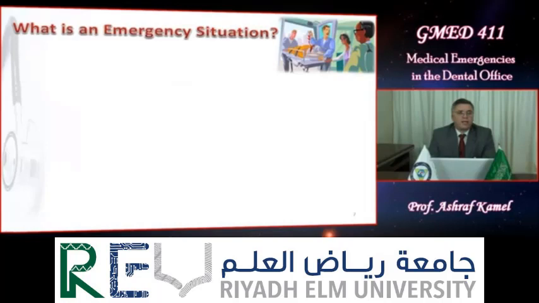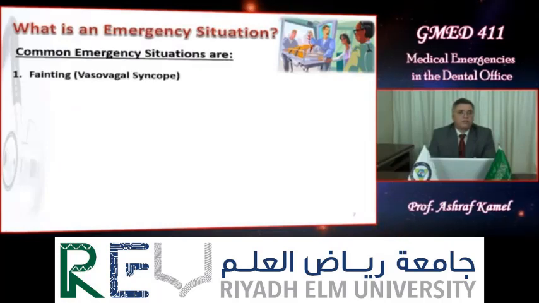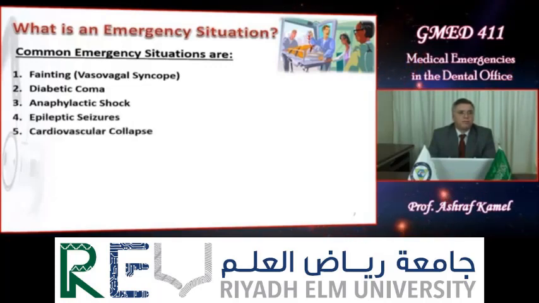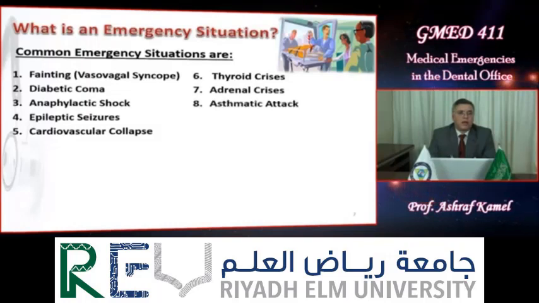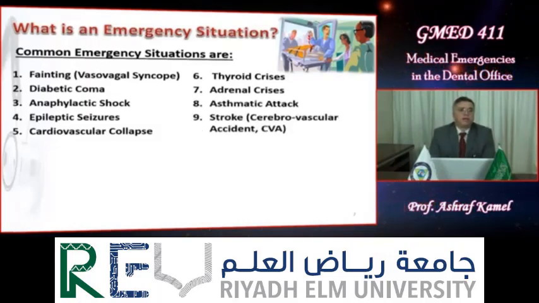What is an emergency situation? Common emergency situations are fainting, vasovagal syncope, diabetic coma, anaphylactic shock, epileptic seizures, cardiovascular collapse, thyroid crisis, adrenal crisis, asthmatic attacks, bronchial asthma, stroke, cerebrovascular accident.